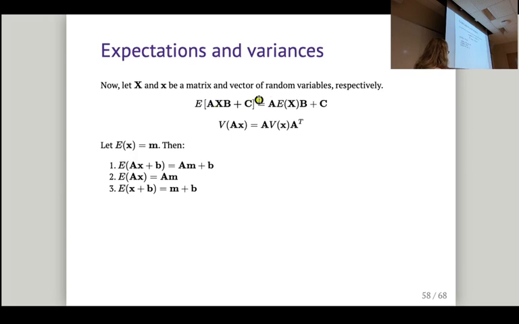The expected value of A times x is Am. The expected value of x plus b is m plus b. All of that combines to create this first property. Remember, we think of vectors as really just n by 1 matrices, so all of these properties should hold for matrices as well, assuming the multiplication dimensions work out.